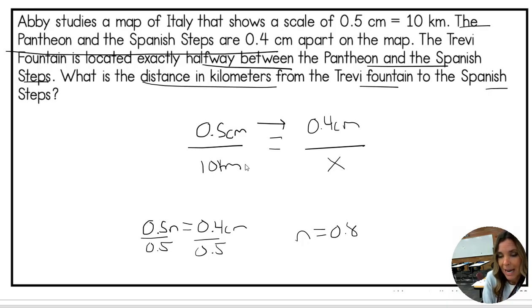Okay, so now if I multiply this 10 by 0.8, that's what's going to give me this missing part, which is the distance in kilometers. So 10 times 0.8 is 8. Okay. Now it says the Trevi Fountain is located halfway. So if we do halfway, 8 divided by 2 is going to be 4.